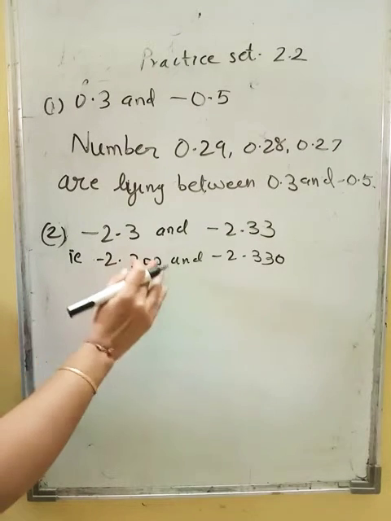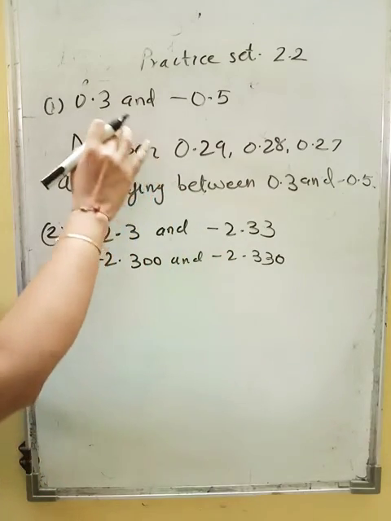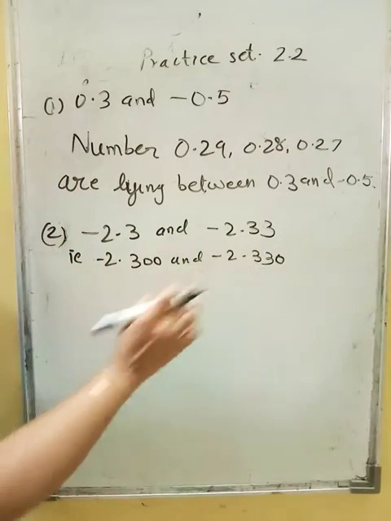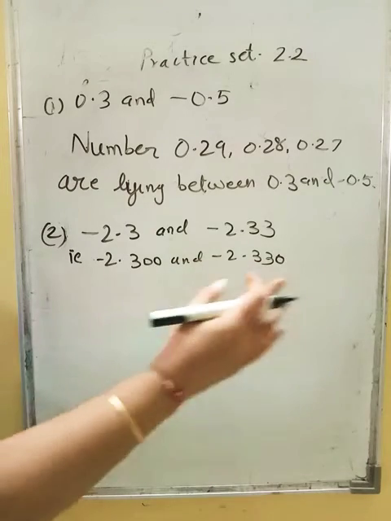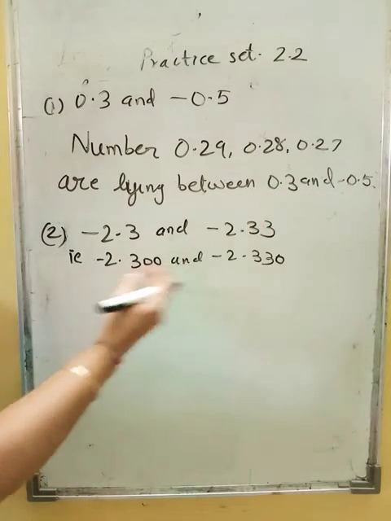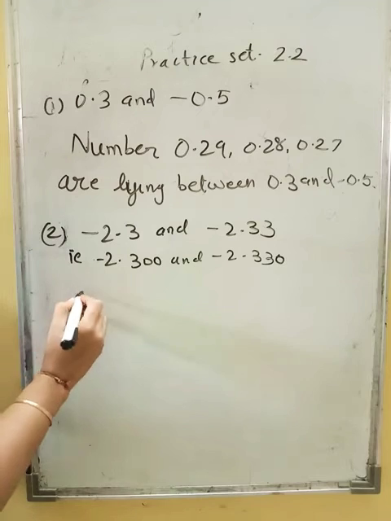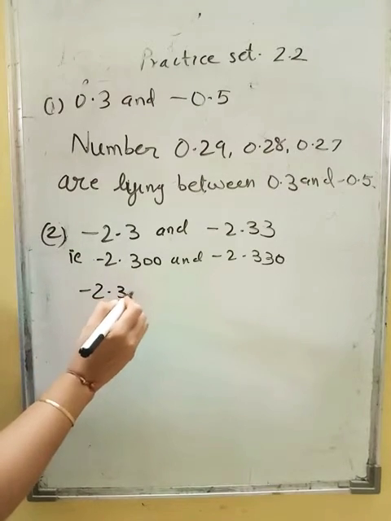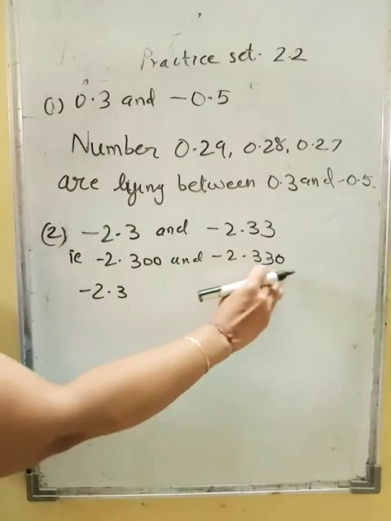And then you can have the numbers in between them. So the method, whenever you have a decimal fraction, just go on adding zeros. You can get ample numbers. Hundreds of numbers are there in between too. So you can write down now minus 2.300, here minus 2.330.